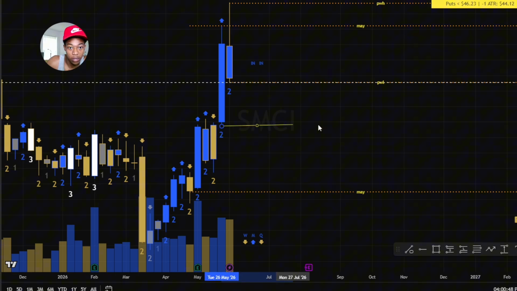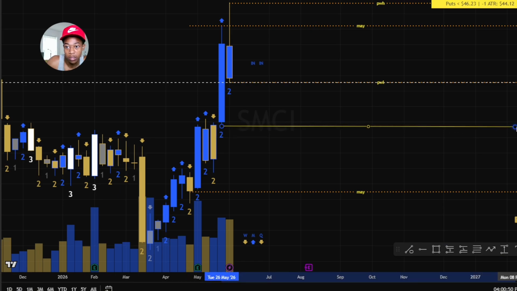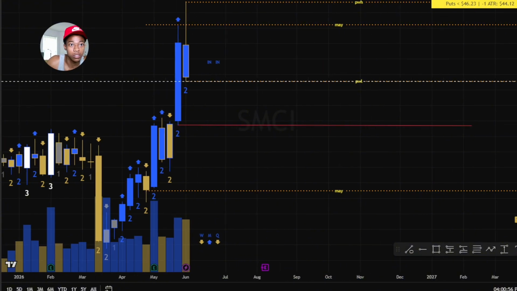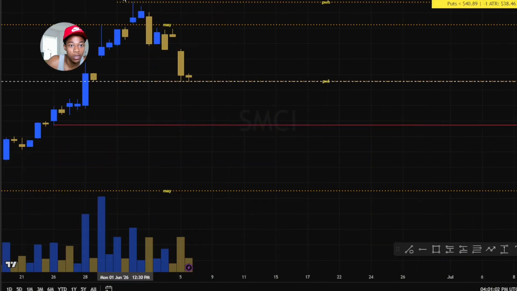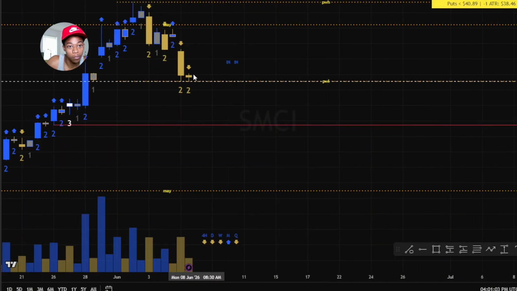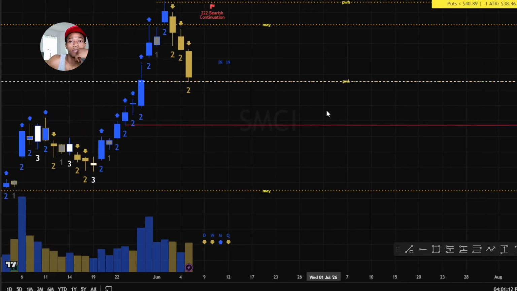So we're going to put that right there for SMCI and do a target right there. So coming into the week, got a failed 2 up. On the daily, we got an engulf right there. Then we got a 2-2. So if price breaks this, we can look to take profits at least right here in this area, around this 36, 35 area. So be mindful of that for SMCI.